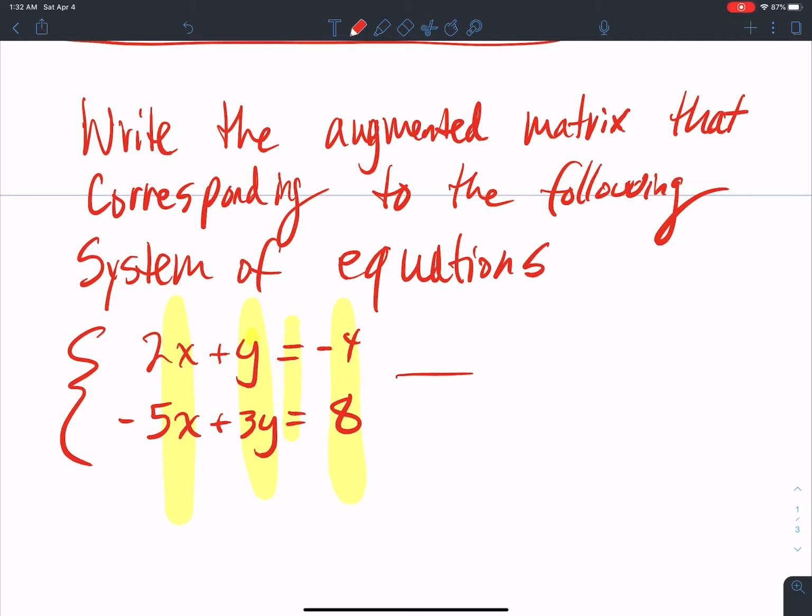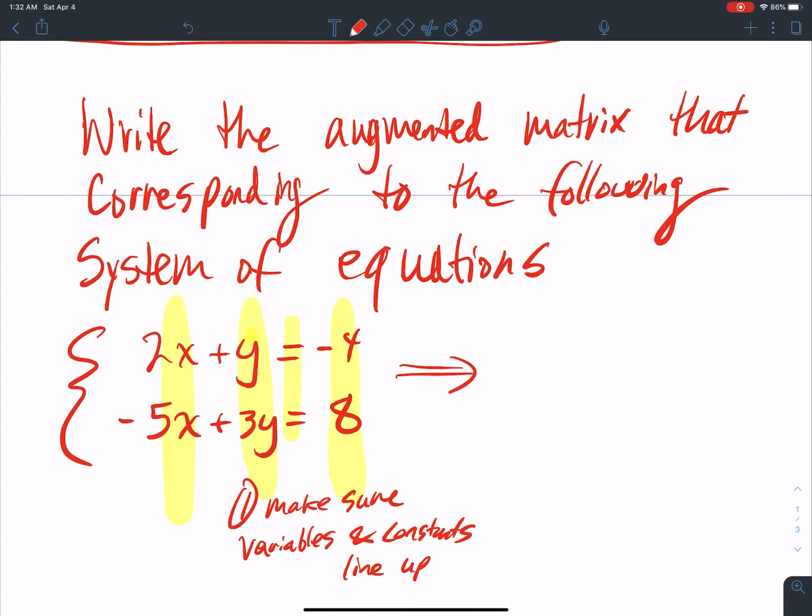Number one, make sure variables and constants line up. Number two, only need to keep track of coefficients.